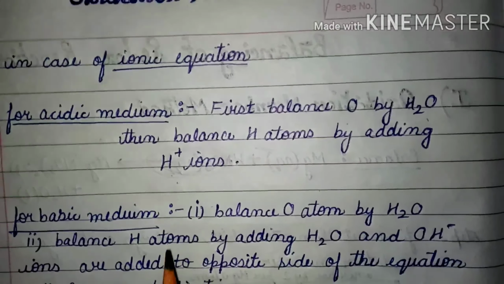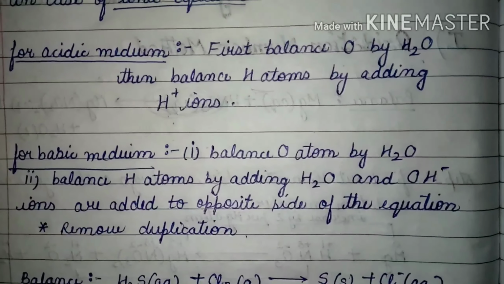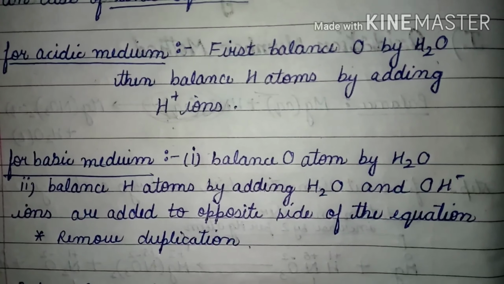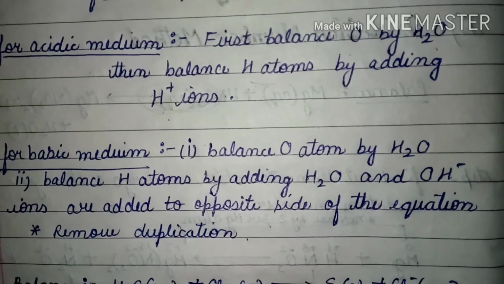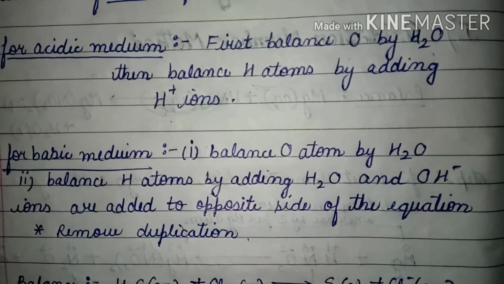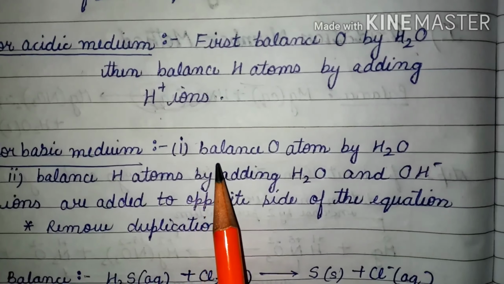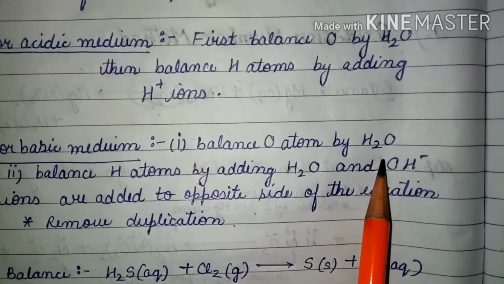Okay, now if we move towards the basic medium, you have to do the redox balancing till step number 3, the same thing you have to do, but the fourth step will be to balance oxygen atoms by H2O.